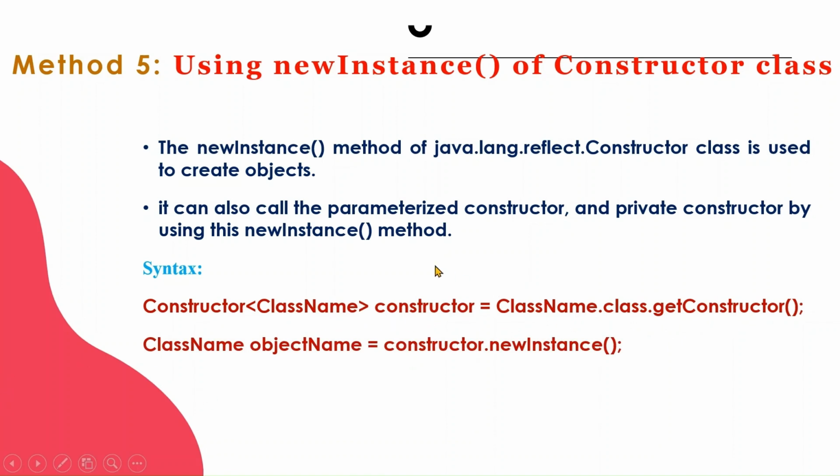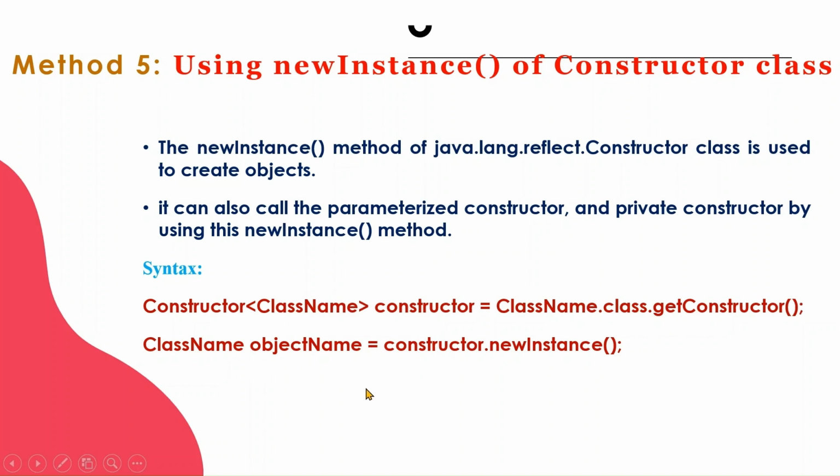Now once you create the constructor reference, by using that constructor reference you need to apply the newInstance method so that the object is created for the class you want. This class and this class need to be the same, and here also the class name needs to be the same. So first you get the reference of this particular class constructor, then by using that reference variable you apply the newInstance method and create the object of the class.